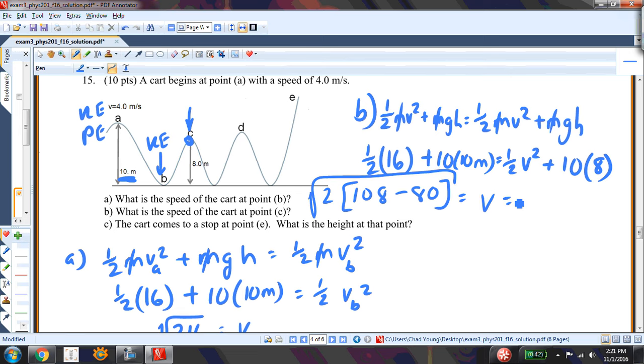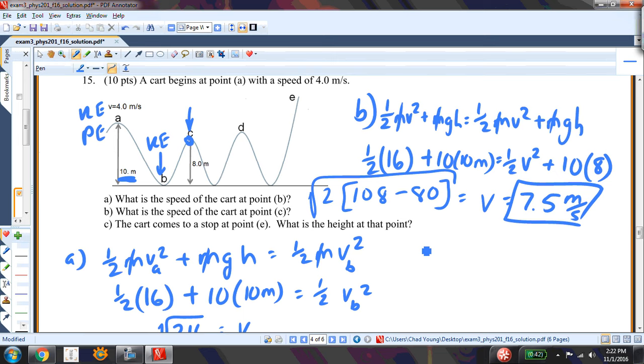On the calculator, 108 minus 80 is 28, times 2, square root of that. V is 7.5 meters per second.